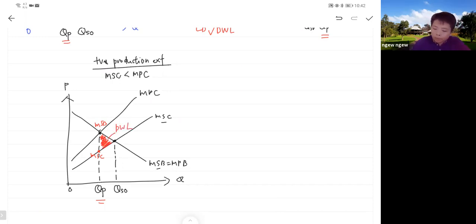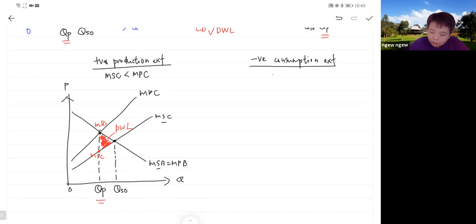Okay, and next, if we are doing another one, negative consumption externality. Consumers' action is bringing a negative effect to the third party.